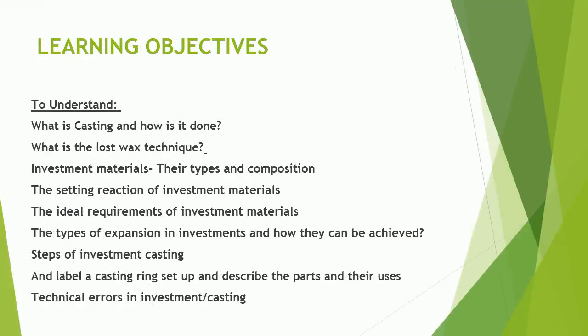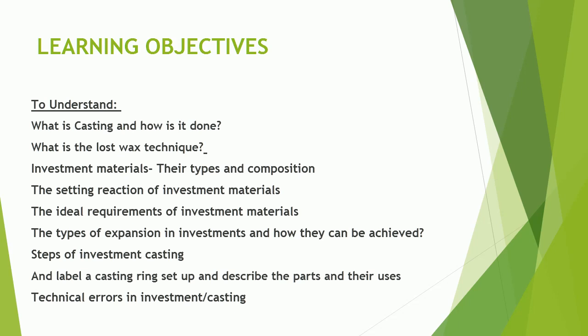Now, moving on to the learning objectives, you should be able to understand what casting is and how it is done. So, the technique should be on your fingertips. What is the lost wax technique? The various investment materials, their types, composition, and properties, the setting reactions of these investment materials, the ideal requirements of the investment materials, the types of expansion and how they can be achieved, and finally the steps of investment casting.